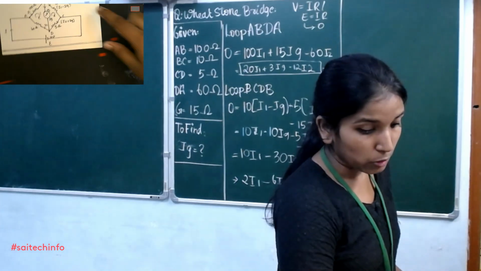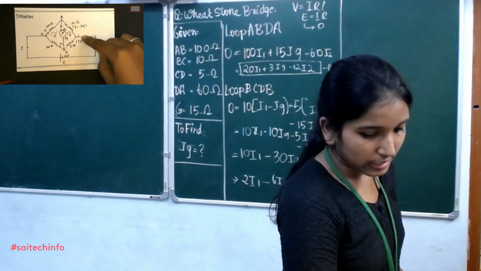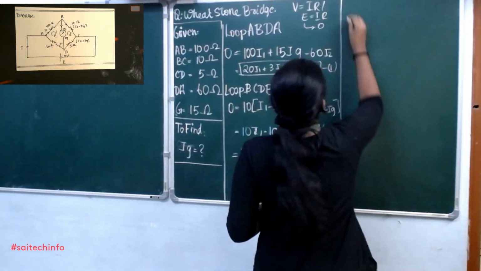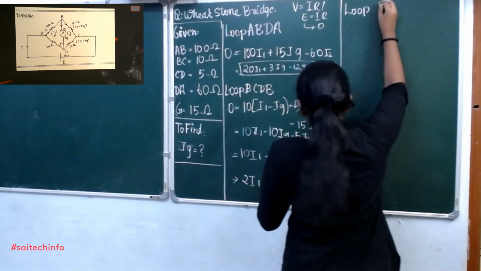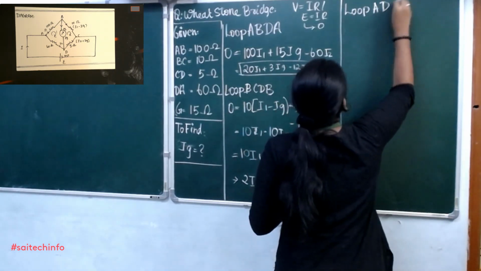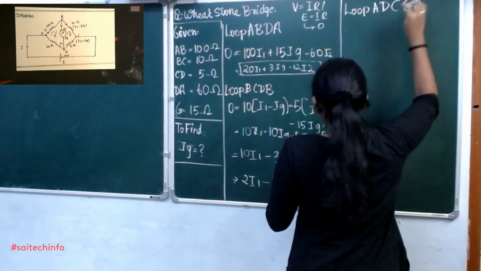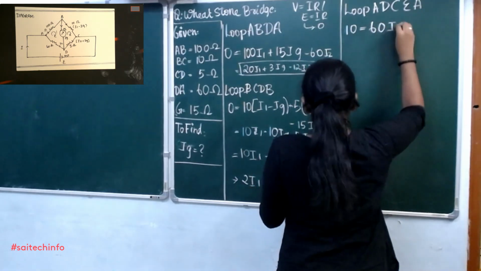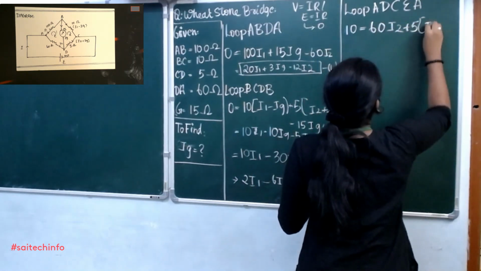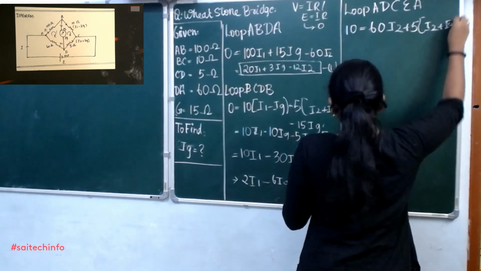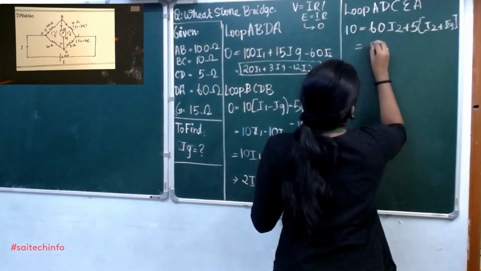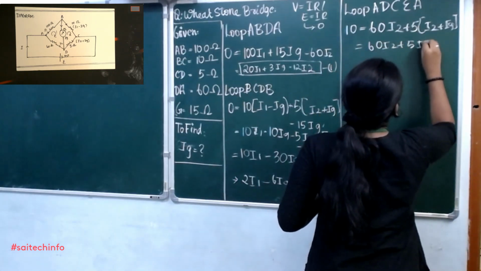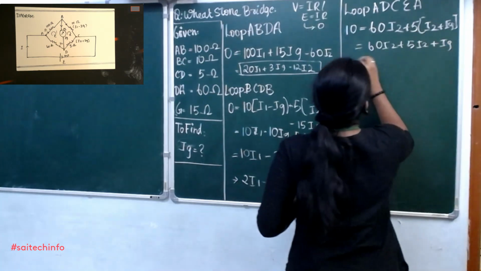We are taking another loop, that is A, D, C, E from the battery and again to A. So in the loop A, D, C, E and A, we will be getting 10 is equal to 60 I2 plus 5 into I2 plus IG, which is 60 I2 plus 5 I2, we get 65 I2 plus IG.